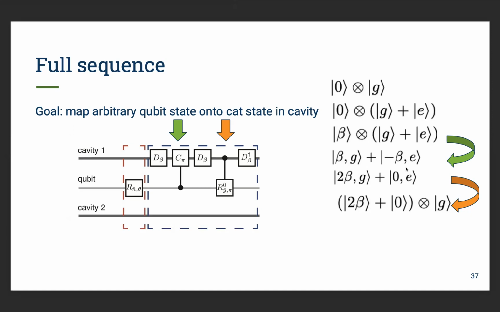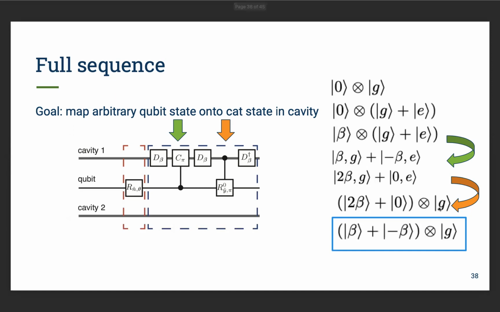It'll rotate this part of our previous state. It'll rotate the qubit into its ground state. And so now we have a disentangled state. And we can finish this off with one last pulse to shift the state of the cavity. And this final state is our cavity cat state, which is a superposition of a coherent state at plus and minus alpha or beta. Does anybody have any questions about this part?